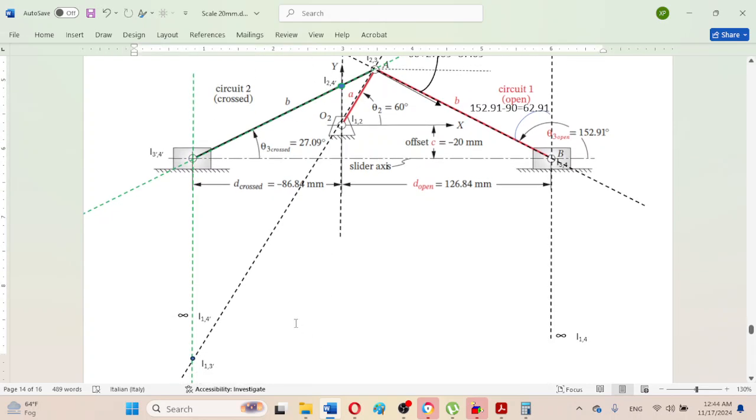Now we can graphically measure the angles if we want.